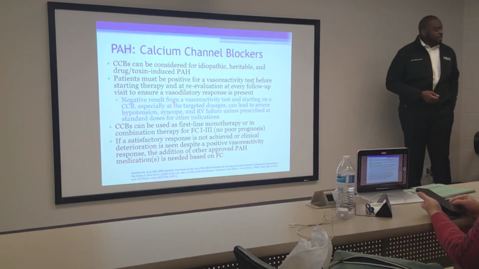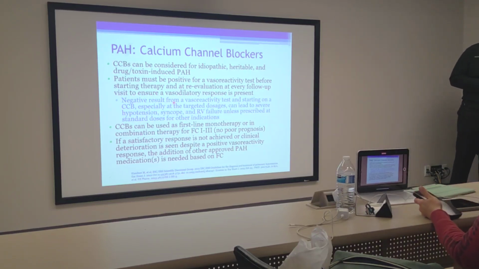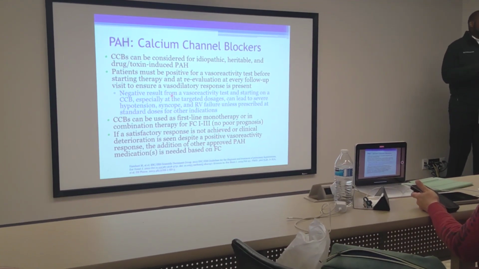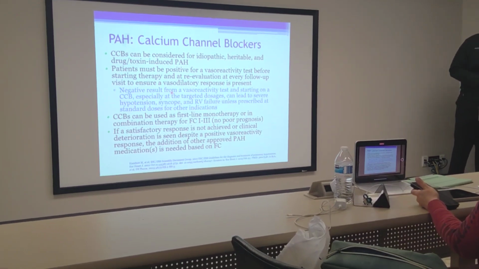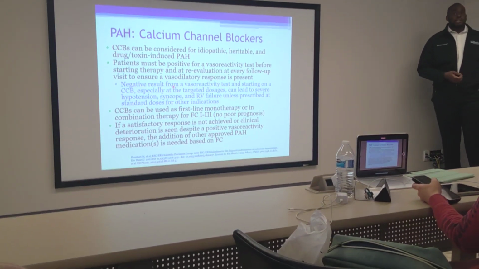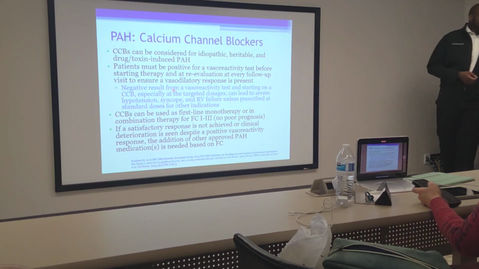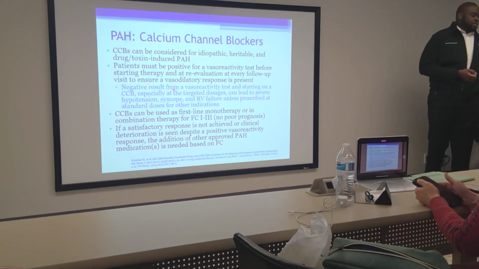So with that being said, a negative result from a vasoreactive test and starting a CCB on this patient at those targeted dosages can lead to severe hypotension, syncope, and RV failure, unless it's prescribed at a standard dose for other indications such as hypertension.